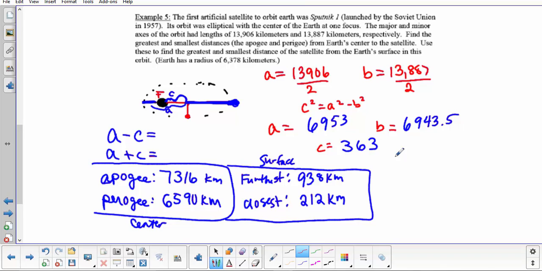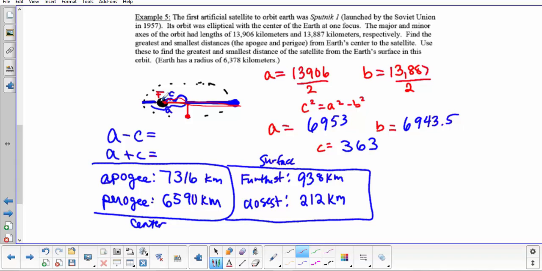So from there, we set up two equations, a minus c and a plus c. Now the reason for that is if right here is our Earth focus, then we're going to go to the center. So to get from the focus of the Earth all the way to the other side, it's going to be the c, because Earth is the focus, so it's the distance from the center to the focus, plus a to get from the center all the way to the other side.